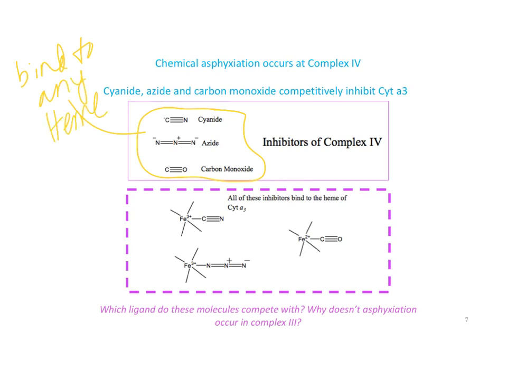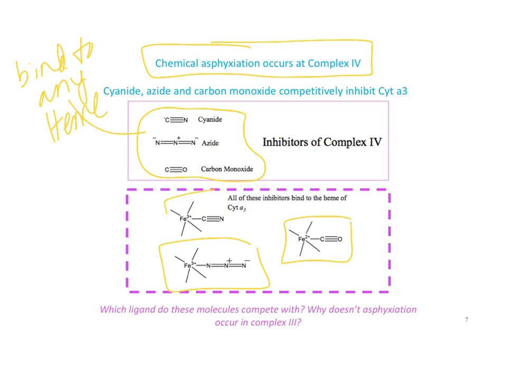And in the electron transport chain, it will halt the flow of electrons, so that's not good. But chemical asphyxiation specifically occurs at complex 4. Okay, so here are the ions attached to the poisons. Cyanide's a poison, carbon monoxide's a poison, and azide is a poison.